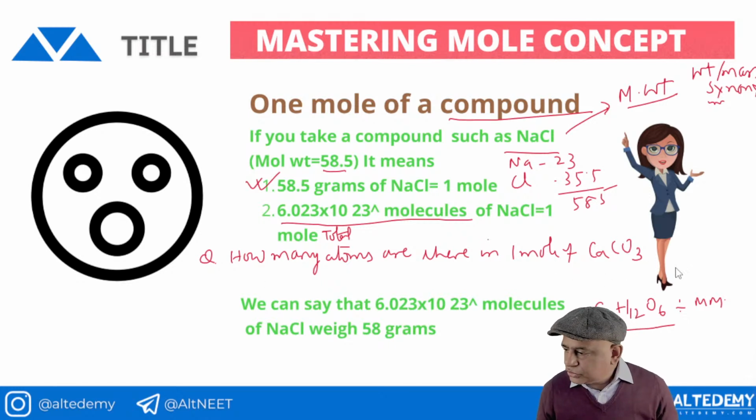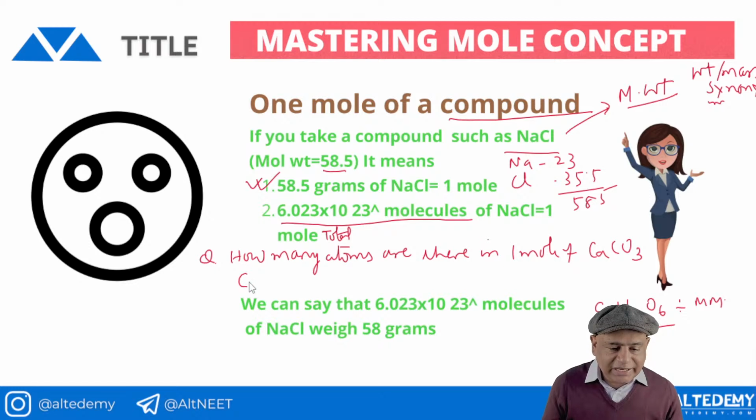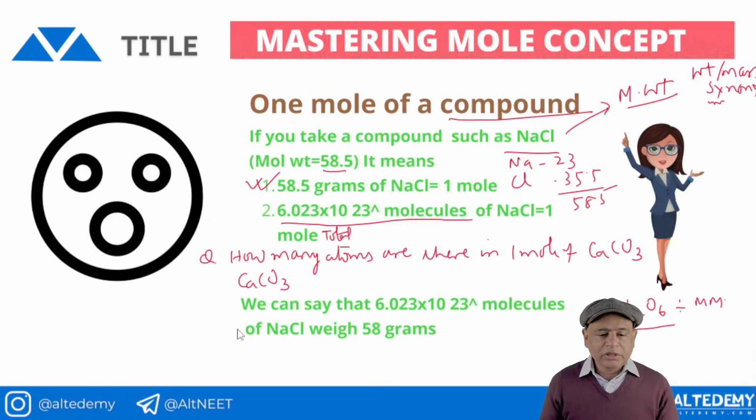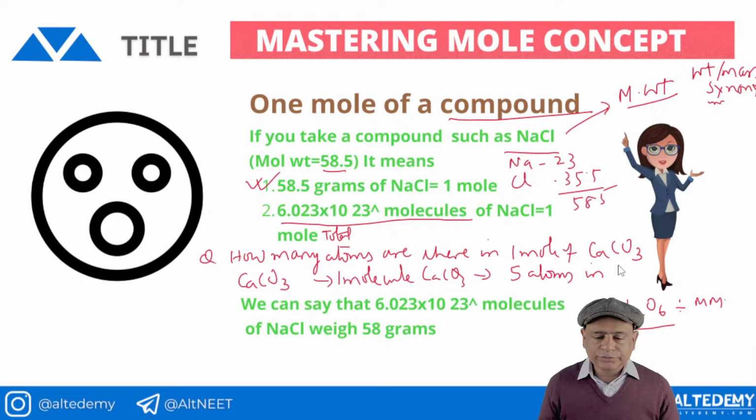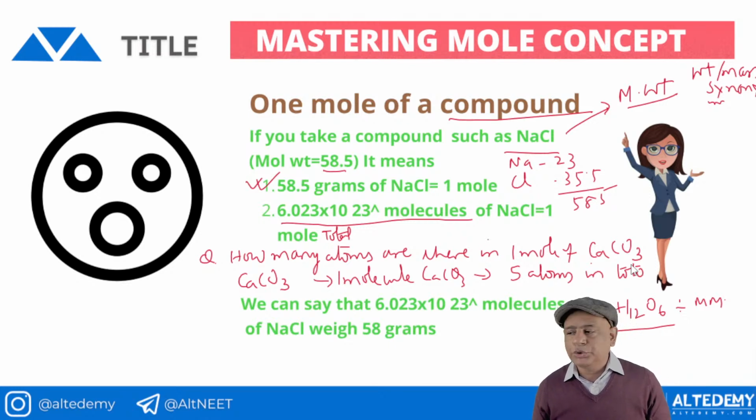Look, for solving this, first see calcium carbonate. Just by looking at calcium carbonate, you can say that if I pick up 1 molecule of CaCO3, we will get 3 plus 1 plus 1, 5 atoms in toto. Got the point? 1 molecule of calcium carbonate contains 5 atoms in total.